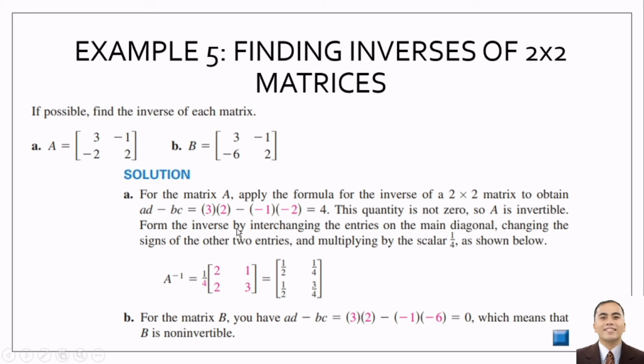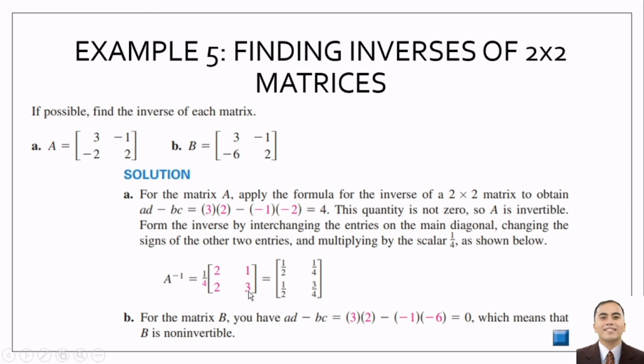To get the inverse, we interchange the entries on the main diagonal, change the signs of the other two entries, and multiply by the scalar 1/4 as shown below. So we have A raised to negative 1. The inverse of 4 is 1/4. Multiplying this to the matrix 2, 1, 2, and 3.